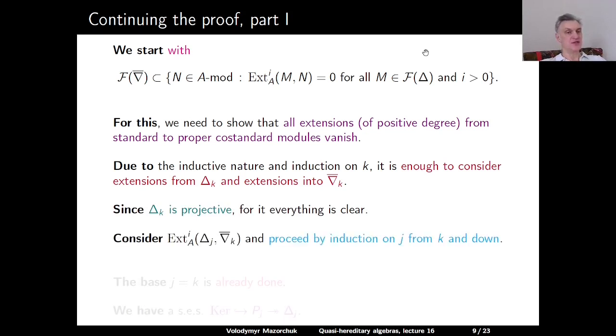So let us consider the degree i extension from delta_j to nabla overlined_k, and let us prove that this vanishes by induction on j. If j is equal to k, we just said that that's true. So in order to prove the induction step, we consider the short exact sequence where P_j surjects onto delta_j with some kernel.